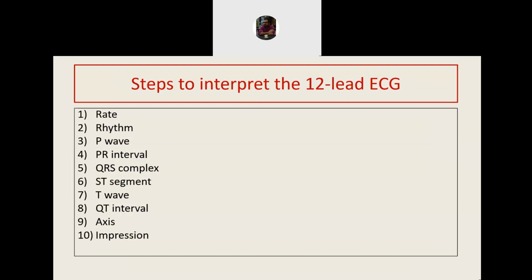Then mention whether the ST segment is isoelectric, comment on the T wave, the QT interval, and then I'll discuss how to find out the cardiac axis. Combining these 9 points, you will give an impression whether it is a normal ECG or an abnormal ECG. Today we are discussing the normal ECG. So let us start with the first 5 points, which is also known as rhythm strip analysis.